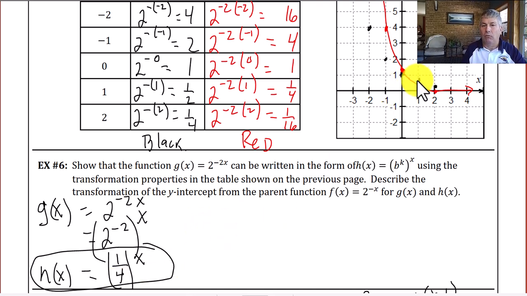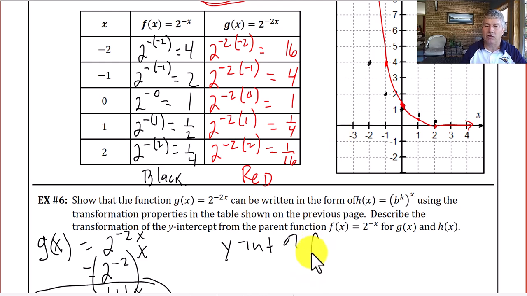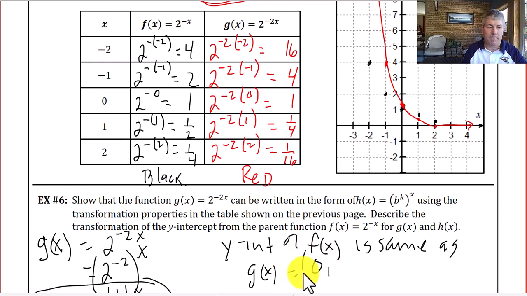So our red function is also 1/4 to the x power. Our y-intercept, we're supposed to say how that changed. Well, that did not change. The y-intercept on f of x is the same as g of x. It's at 0, 1.